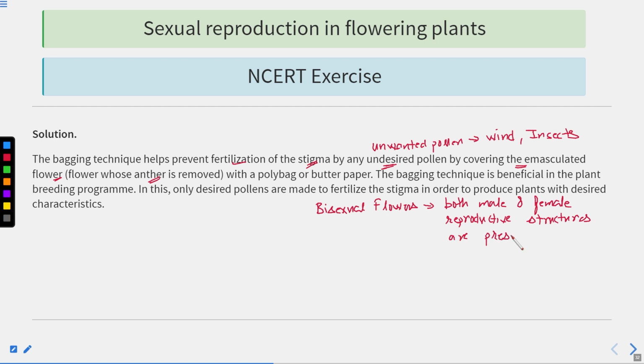Means both androecium and gynoecium are present in the same flower. Means both stamens and the pistil are present in the same flower. So there are high chances of self-pollination. Alright, so there are very high chances of self-pollination because both the reproductive structures, male and female, are present close to each other also.